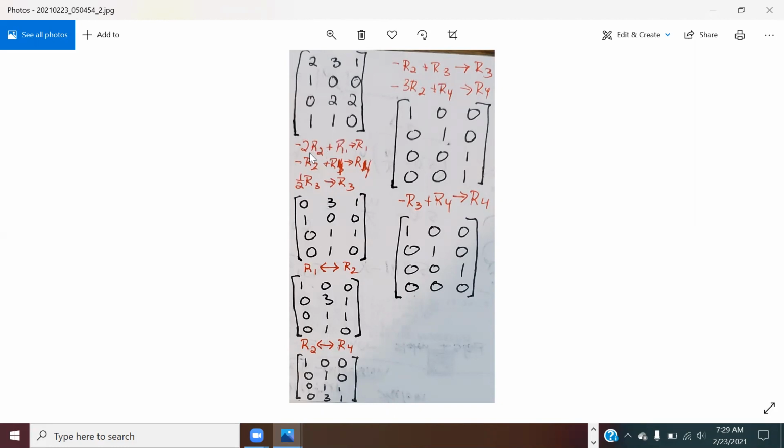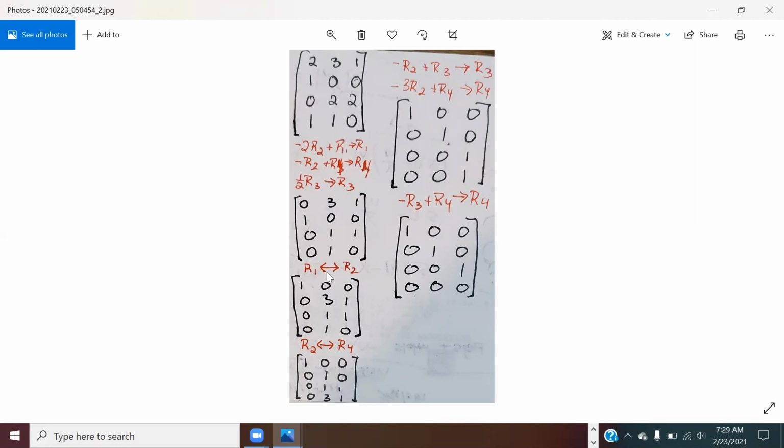I'm taking -2 row 2 plus row 1 becomes my new row 1. I'm taking negative row 2 plus row 4 becomes my new row 4, and 1/2 of row 3 is going to become my new row 3. And you see, all these 3 steps are independent of each other. And I wind up getting 0, 0, 3, 1, 1, 0, 0, 0, 1, 1, and 0, 1, 0.